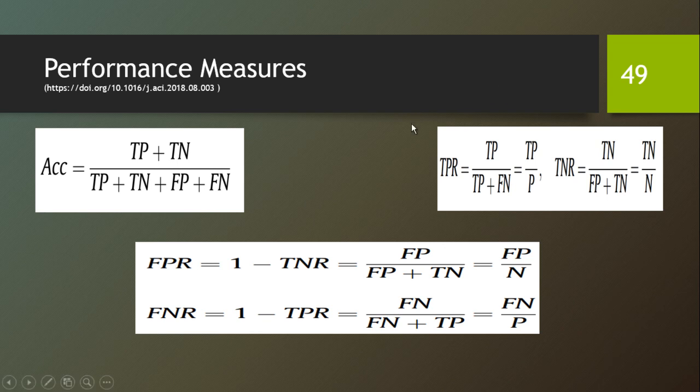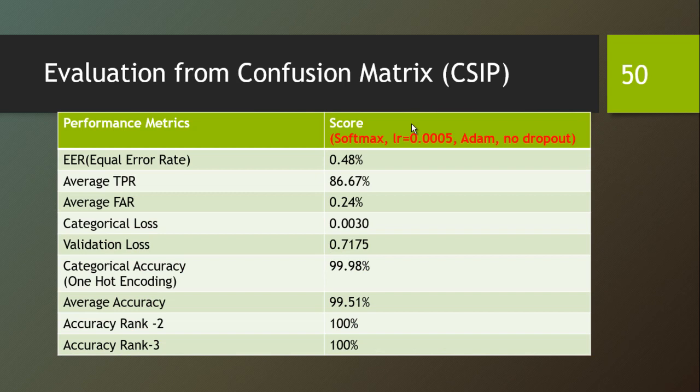To have the same wavelength as the NIST reported results, the dataset was first partitioned, and this was the equal error rate that I got after adopting my methodology.